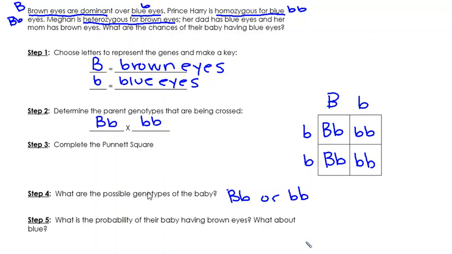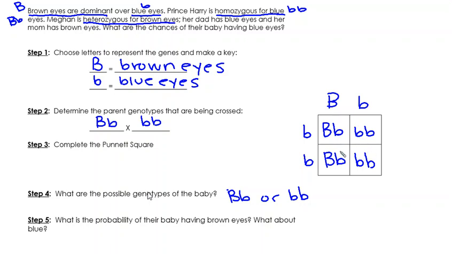Step 5 says, what is the probability of their baby having brown eyes? And what about blue? Well, each box is worth 25%. Because if you think about it, 25, 25, 25, 25 makes 100%. So that's how each box is only 25%.